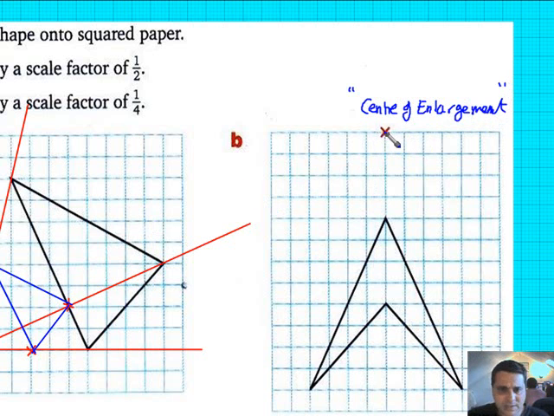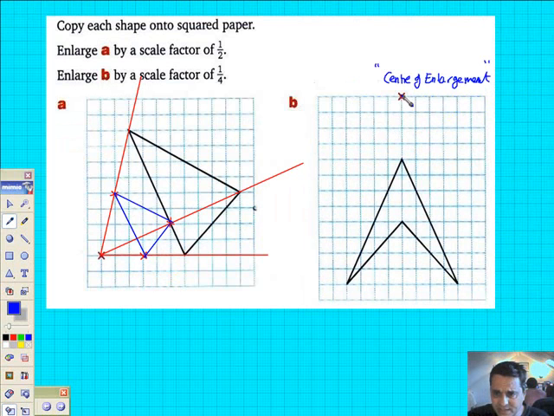Okay, so scale factor of 1/4. So distance from this centre of enlargement to that first vertex, 1, 2, 3, 4. Well, if I'm going to enlarge it by a scale factor of 1/4, I'm going to be a quarter of the distance away. So I think that vertex there will just be right there. Now let's just study this. Let's get this bottom vertex. 1, 2, 3, 4.